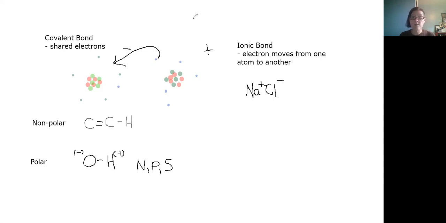Other ions that you get to find in the human body include calcium, which is actually a 2+. You can also find potassium, which has a positive. Another important one, I'm trying to think of all the important ones, is magnesium, which is actually another 2+. So those are all important things you'll find in the human body.